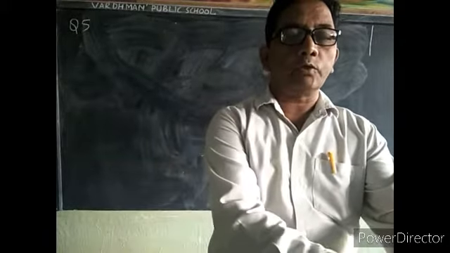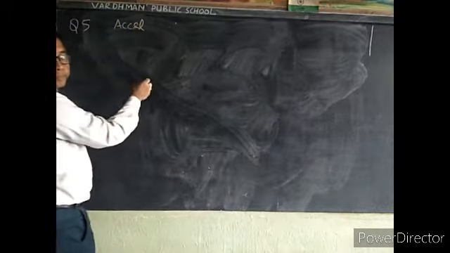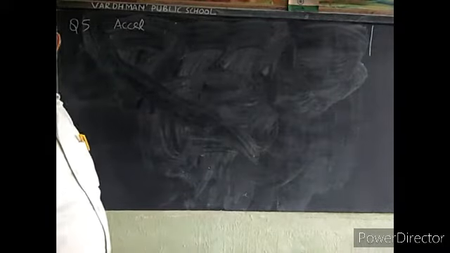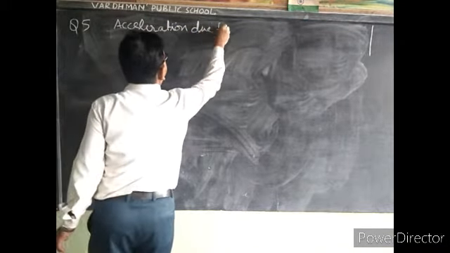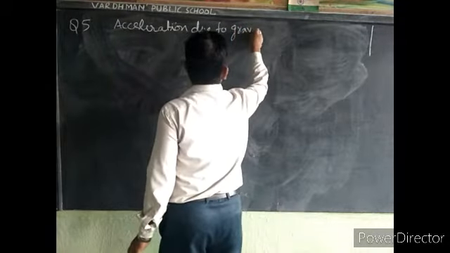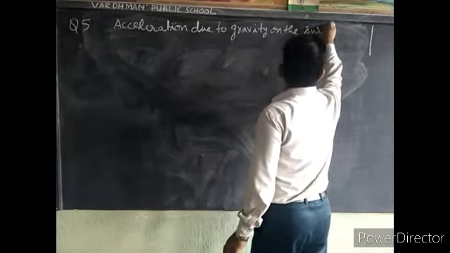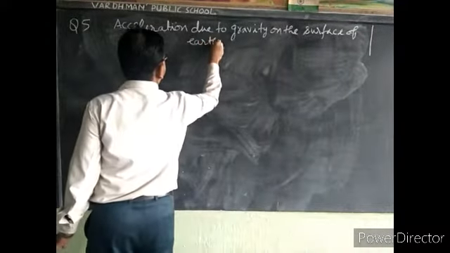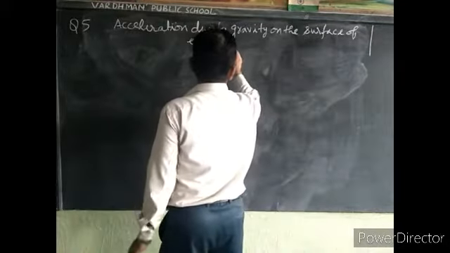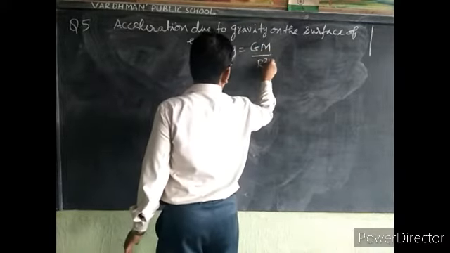We know acceleration due to gravity on the surface of earth, g is equal to GM upon R square.